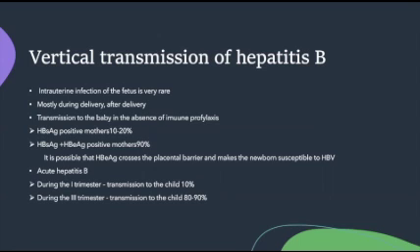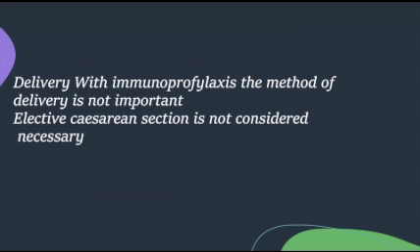Transmission to the baby in the absence of immune prophylaxis is 10 to 20% for hepatitis B surface antigen positive mothers, 90% for mothers positive for both hepatitis B surface antigen and hepatitis B e antigen, and with acute hepatitis B, transmission in the first trimester is 10%, during the third trimester it's probably 80%.